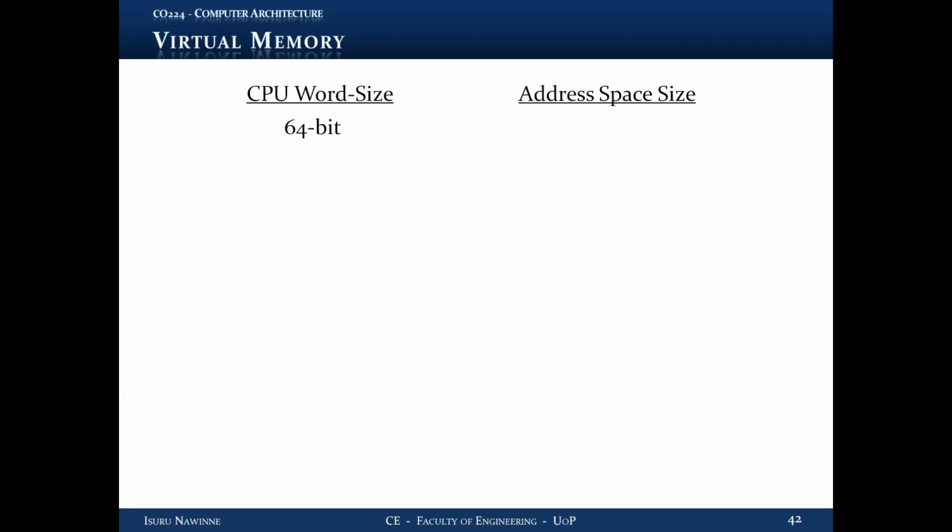So the register file will contain 64-bit registers, the ALU will operate on 64-bit operands, and memory addresses produced by that CPU, coming from the register file, are 64-bit addresses. So what is the size of memory that can be addressed by such a CPU?